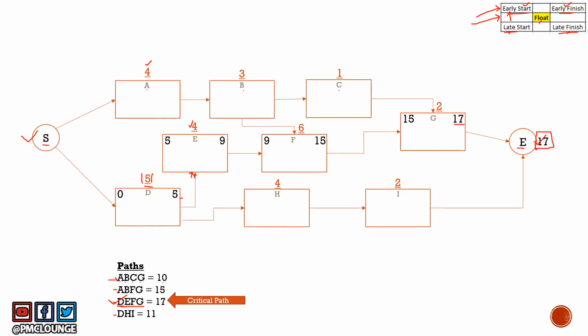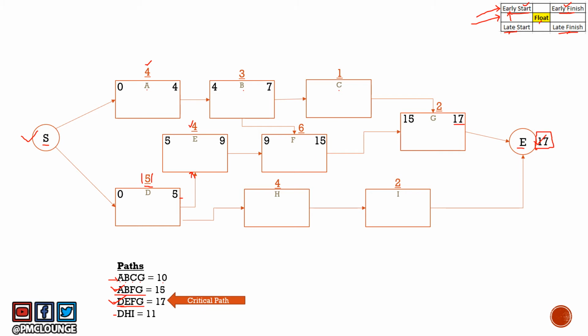Now let's look at the second longest path in this network diagram, which is ABFG. So let's begin with A. A is the first activity, so of course it can start at 0. Then it has a duration of 4, so the early finish is going to be 4. Similarly, B starts at 4, has a duration of 3, so ends at 7. ABFG is what we are dealing with here, right?